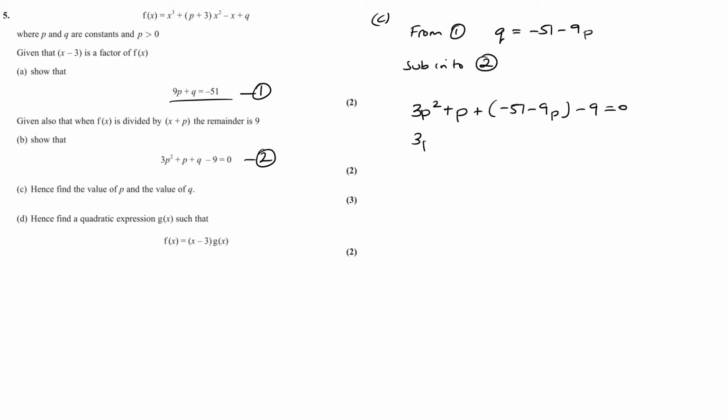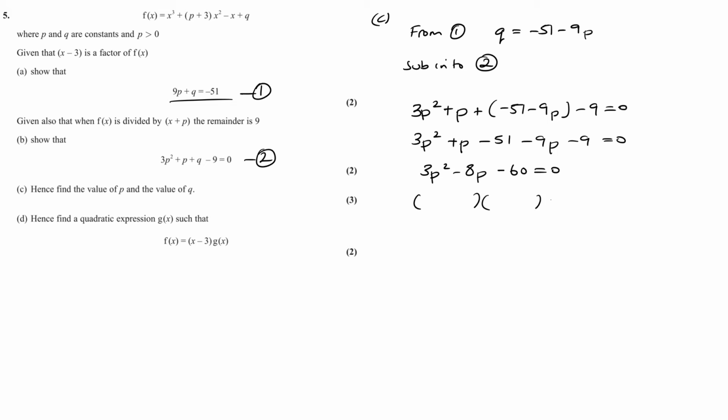So we've got 3p squared plus p minus 51 minus 9p minus 9 equals 0. So we get 3p squared minus 8p, and then minus 51 minus 9 is minus 60.